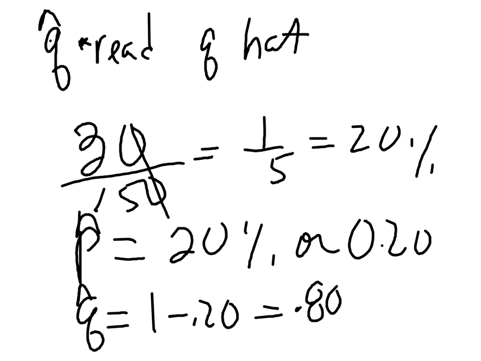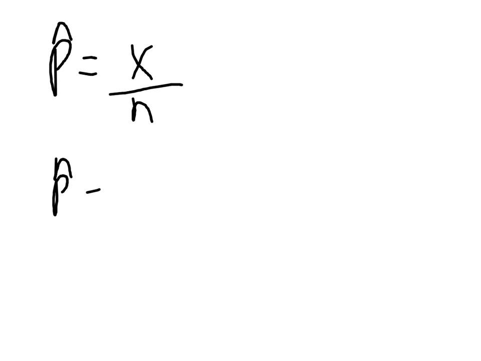Okay, so now the formula that they give us looks a little more involved, but that's basically what's happening. They tell us that p hat is equal to x over n, the number of successes over the sample size, like 30 students out of 150. As an example, p hat equals 30 out of 150 equals 0.20.